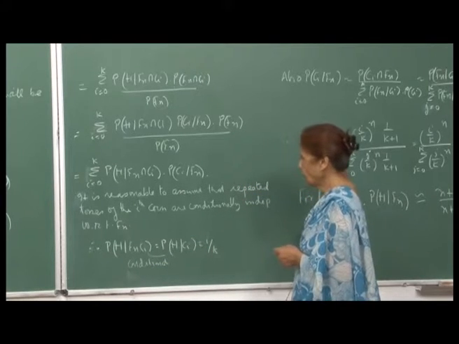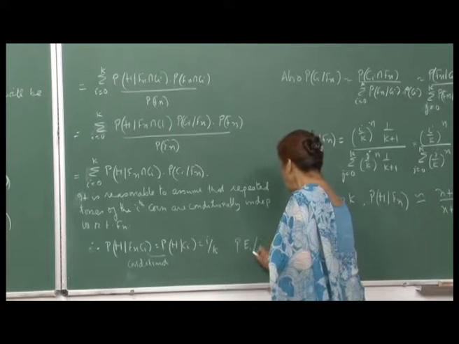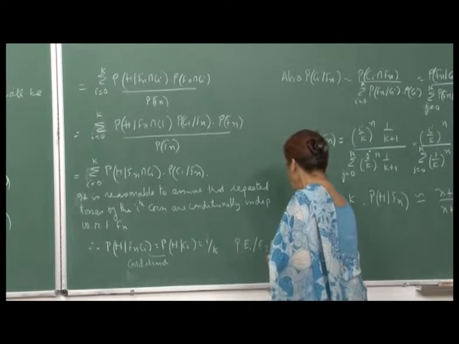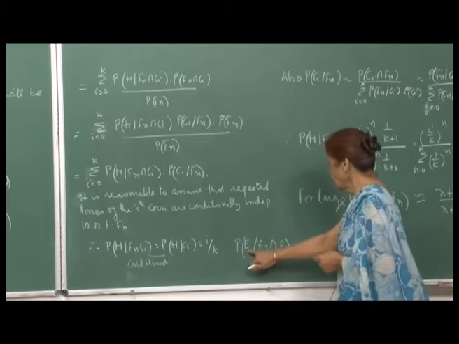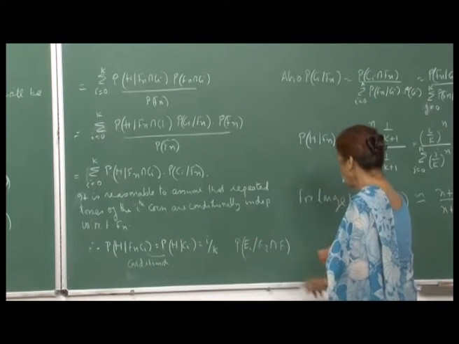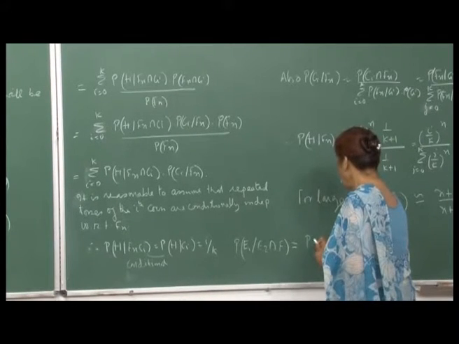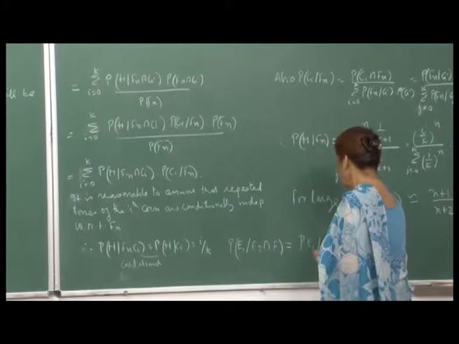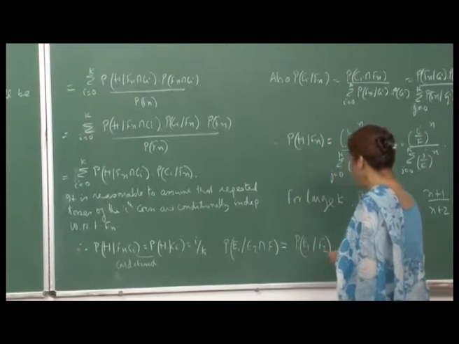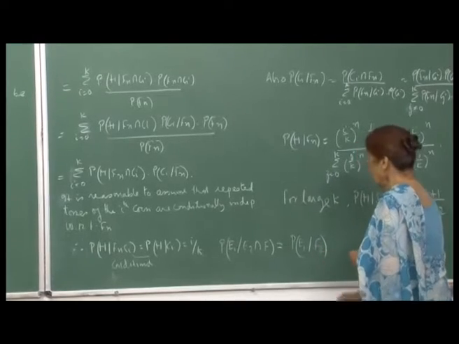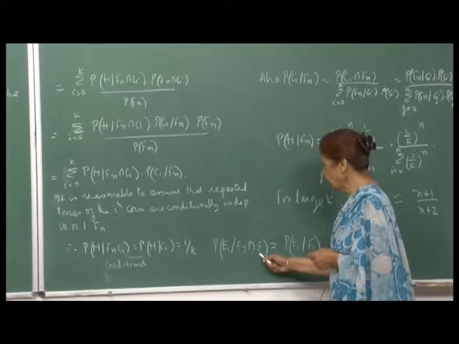This is what our definition says, remember we said E 1 given E 2 intersection f. If I wanted to say that E 1 and E 2 are conditionally independent with respect to f, given that f has occurred, then this is probability of E 1 given f. That means E 1 and E 2 are conditionally independent when f has occurred.